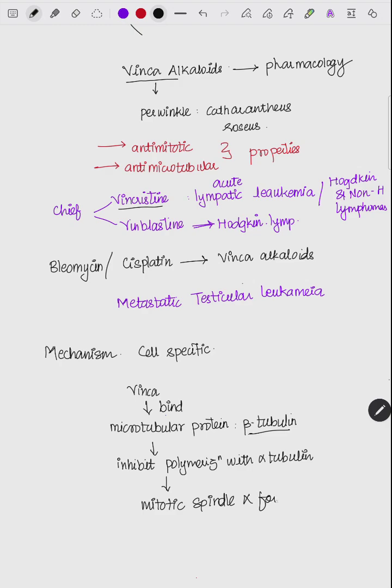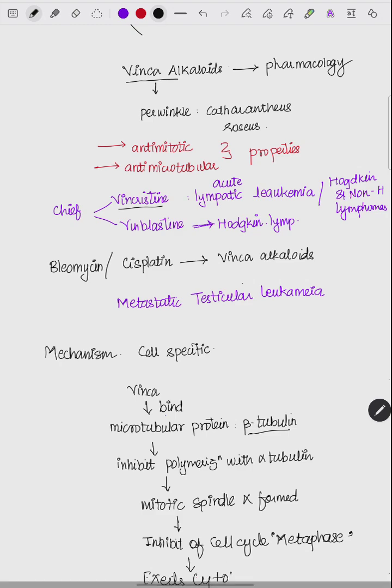This leads to the inhibition of the cell cycle at M phase, metaphase, and this exerts the cytotoxic effects.